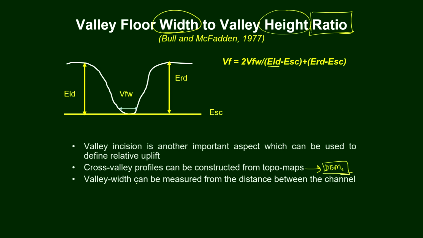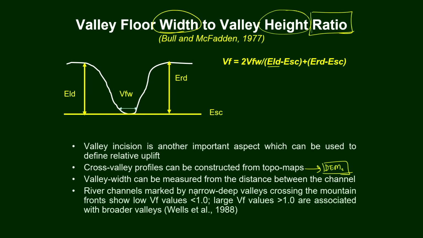Valley height and width can be measured from the distance between the channel, that is your VFW, the river channel. Very narrow valleys crossing the mountains or the mountain fronts show low values of Vf, sometimes even less than 1, and large Vf values greater than 1 are associated with broader valleys.